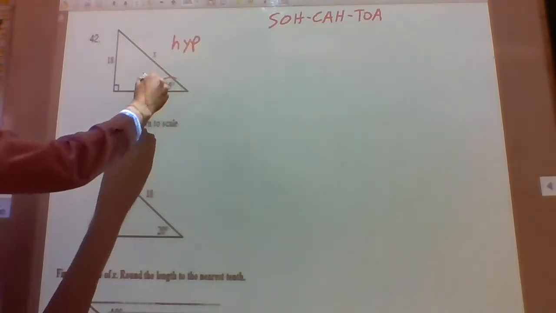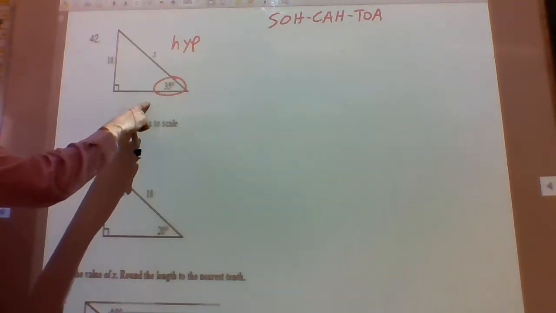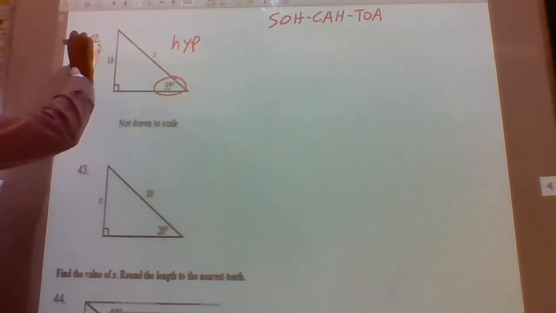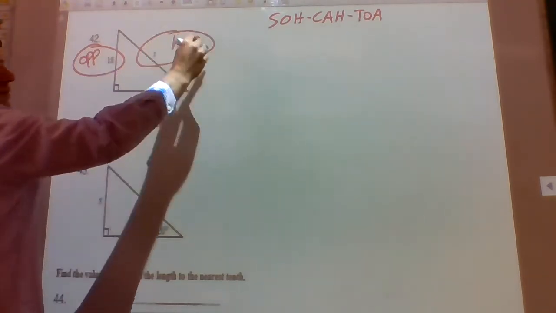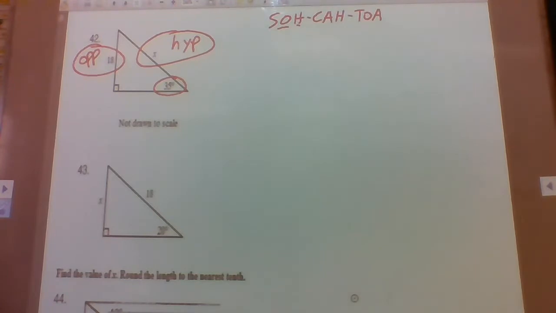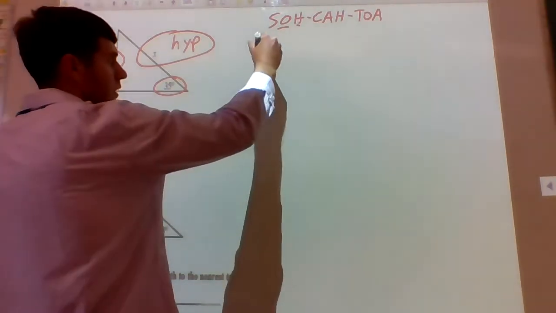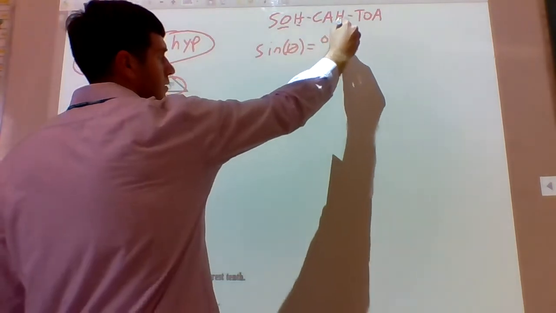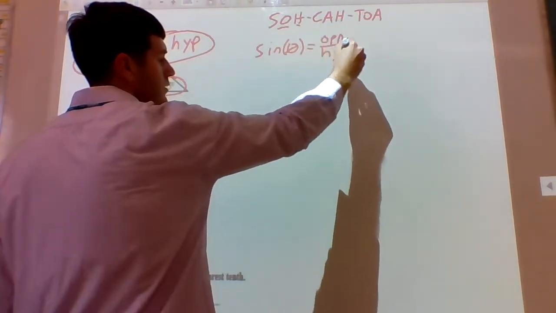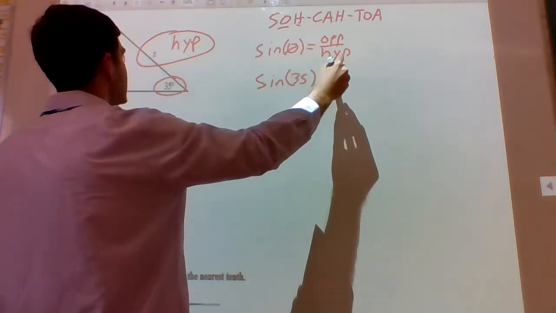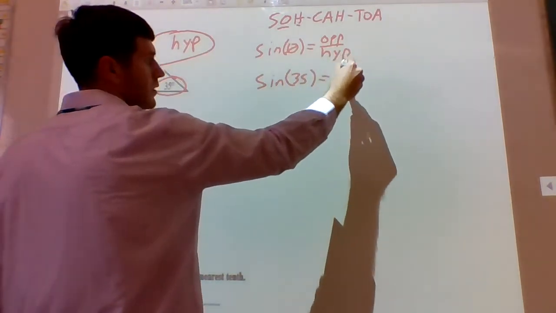Circle the angle. Nothing's next to it, so we don't have an adjacent side. Across from is 18, so 18 is opposite. We have opposite and hypotenuse. That is sine. So our equation is sine theta equals opposite over hypotenuse. The angle is 35, so the sine of 35 is going to equal 18 over x.